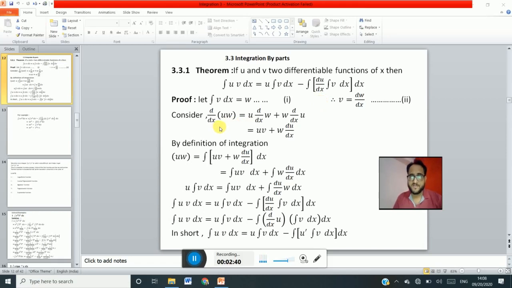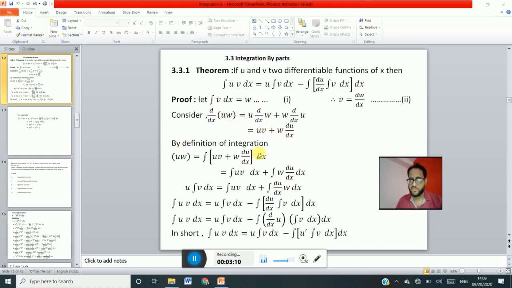Now consider the derivative of u into w according to the product rule, that is, first function into derivative of second plus second into derivative of first, that is, u into derivative of w plus w into derivative of u. And dw by dx is what? v. So this is u into v plus w into du by dx, right? Again, by definition, if the derivative of uw is this right side, then integration of the right side is uw, right?